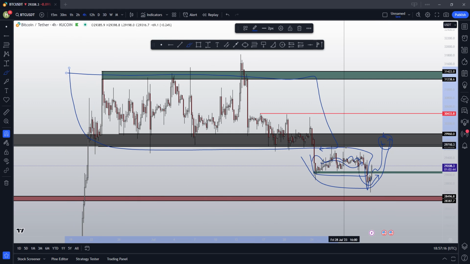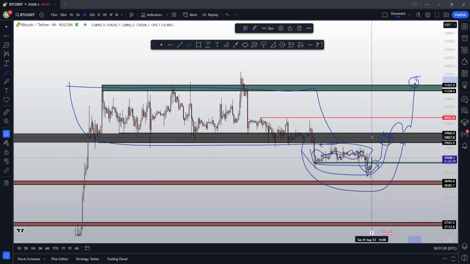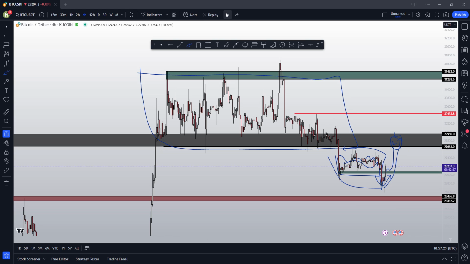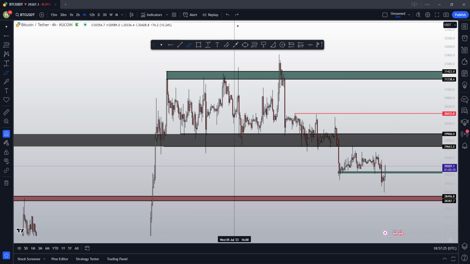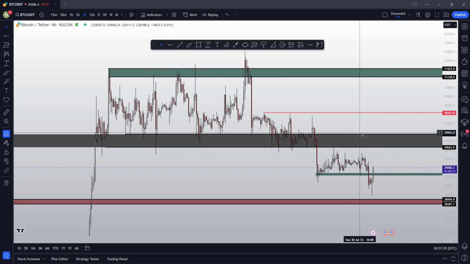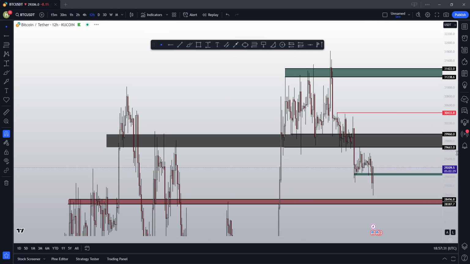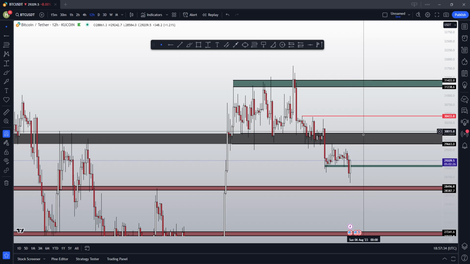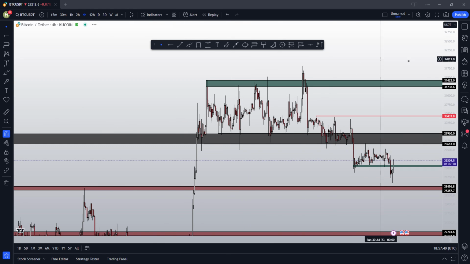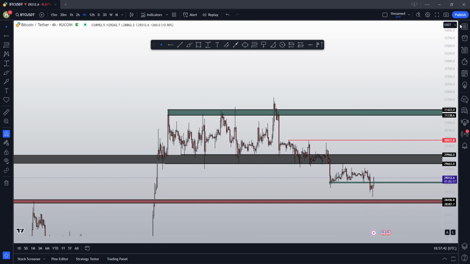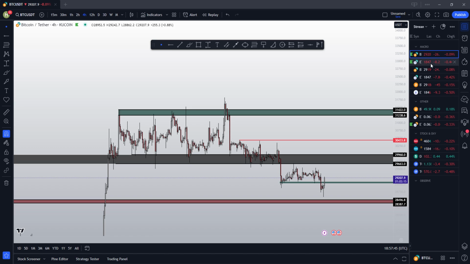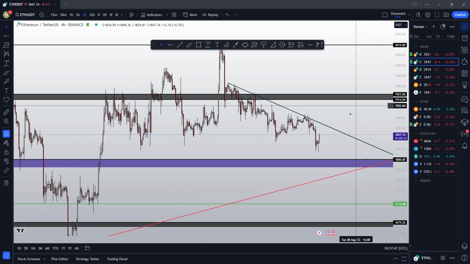Range, accumulation, manipulation or the deviation, expansion targeting the previous range highs. So a small range within another range. We have to close above this key zone here to maintain the bullish structure, target those highs, and even the previous range high, or go expand even higher to the 32.6k highs that I talked about.